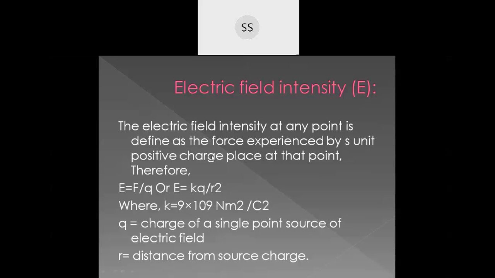When we bring the test charge closer to the source charge, it can get attracted or repelled. The intensity of attraction or repulsion is not the same at all points of the electric field. As we get closer to the source charge, the intensity of attraction or repulsion gets higher. As we go away from the source charge, it gets lower.